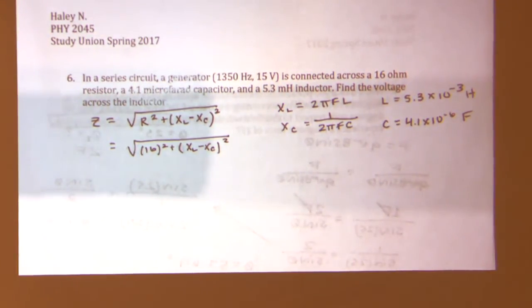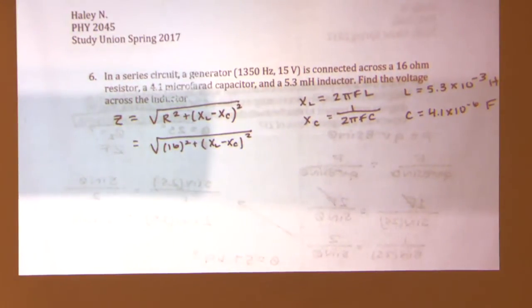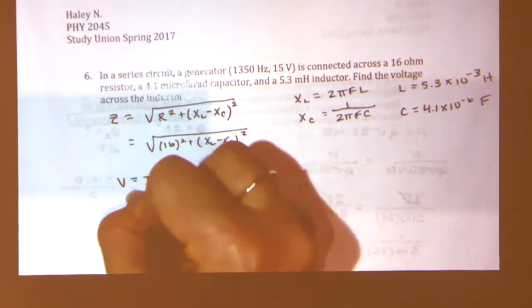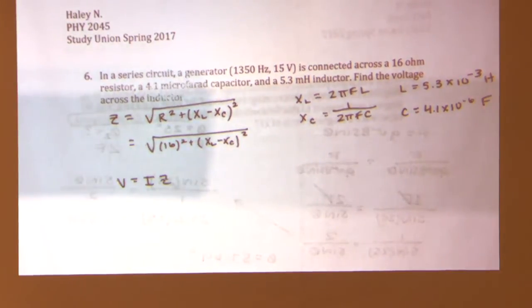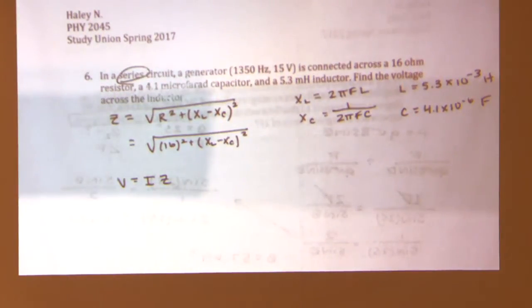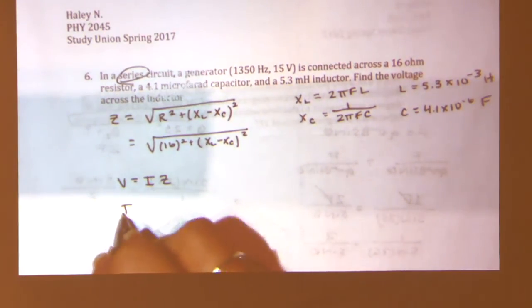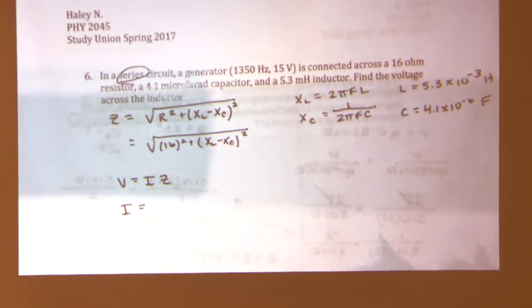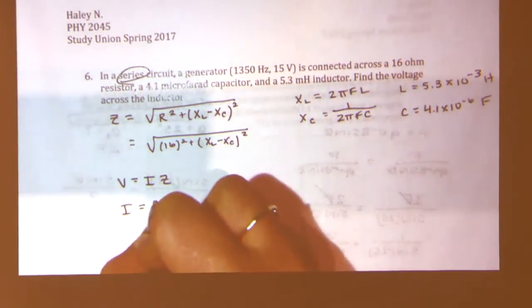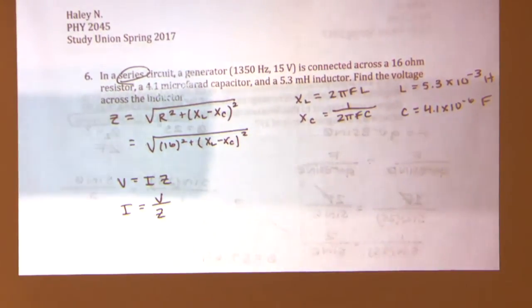Once you have that impedance, we're going to use a derivation of Ohm's law. Remember that I showed earlier V is equal to I times Z. Since these are all in series, they're all going to have the same current. So we want to solve for the current after that. The current will equal your voltage over your impedance. You can find that. And last step, they're just asking for the voltage across the inductor.